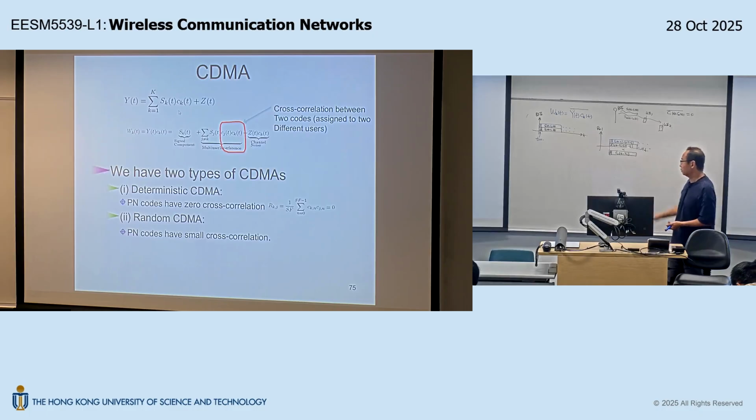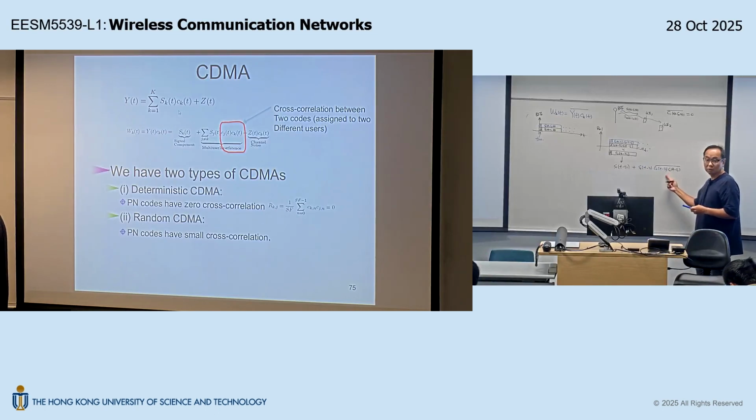When you do despreading, this component will generate S1(t − τ1), the complete symbol that you want. And then this back term, the interference term from the second user, would appear as S2(t − τ1), C2(t − τ1), and then C1(t − τ1) average.